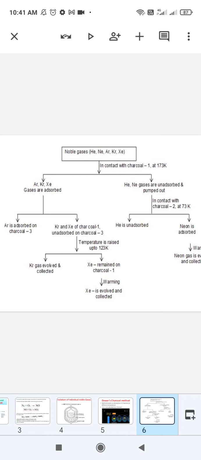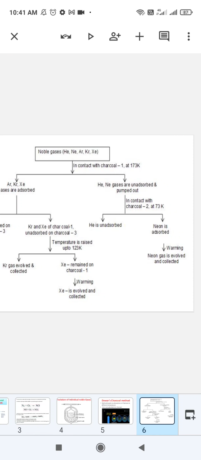Now if we again change the temperature to 73 Kelvin, only neon is adsorbed in the charcoal and we can easily separate the helium. Then if we warm the charcoal containing the neon, we can isolate neon gas.